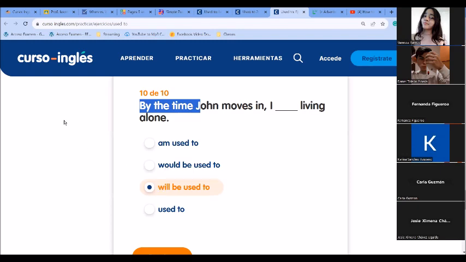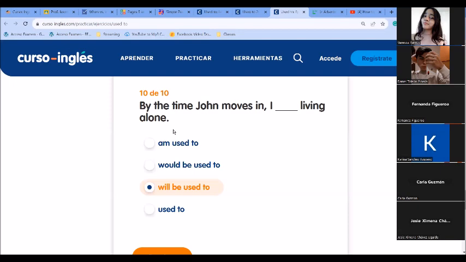All right, again. By the time John moves in, I will be used to living alone. Good. All right. This is going to be a future habit that would have taken place. A little mix there with the future of the past habits.